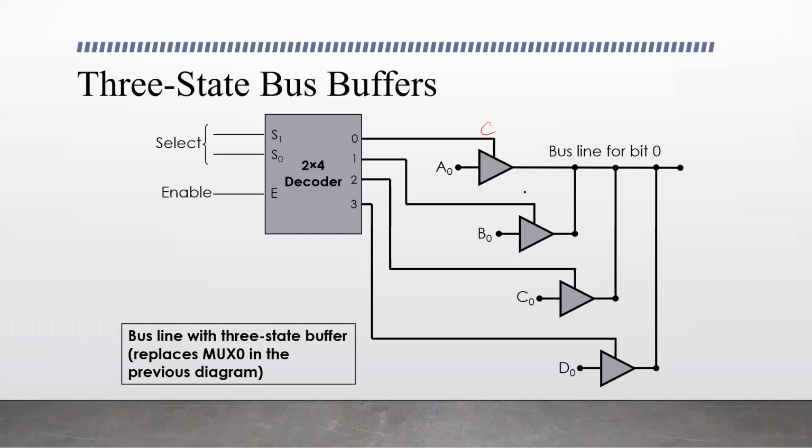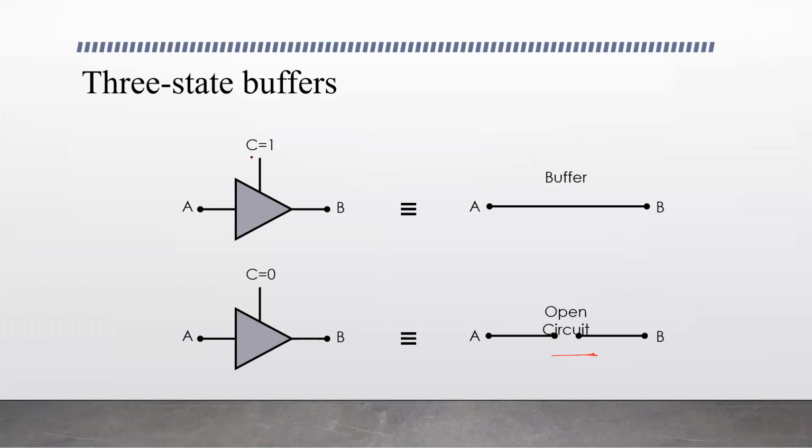This is the control line to the buffer. The state of the buffer can be controlled by using this control line. If the control line is 1, the state will be one of the states, 0 or 1. If the value of C, the control input, is 0, the buffer goes to the high impedance state.